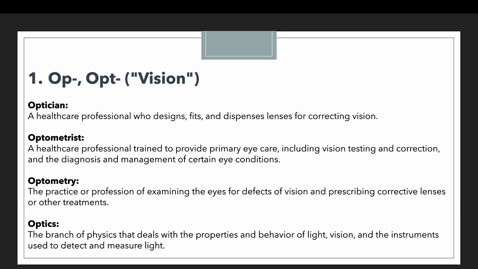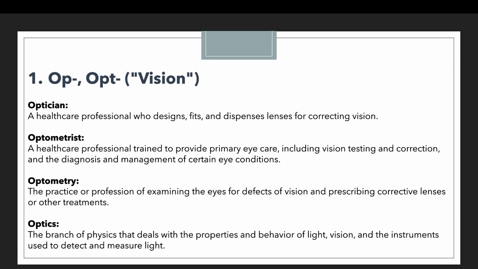The first prefix we have is op, or opt. Whenever you see any term that begins with the prefix op or opt, it denotes information related to vision. So when you want to denote information related to vision, you can use the prefix op or opt.